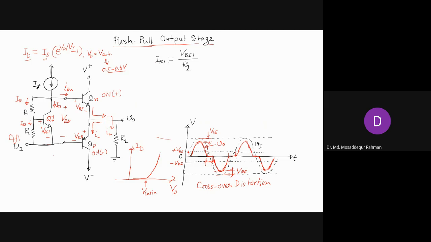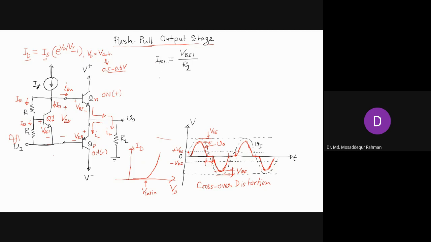So this voltage divided by this resistance: the voltage across this resistance is the base emitter voltage VBE1, divided by this resistance gives the current IR1. Now we assume the same current flows through R1, because the base current is negligibly small compared to this current.